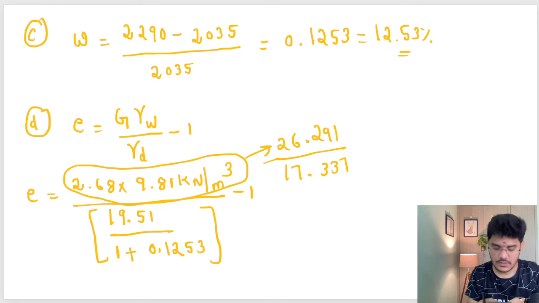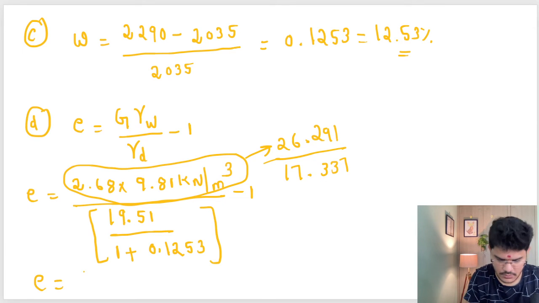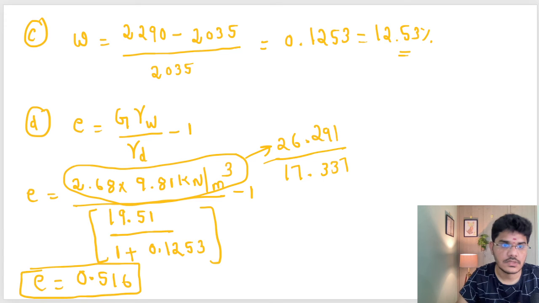So if we solve 26.291 divided by 17.337 minus 1, E is coming around 0.516. So void ratio is equal to 0.516. So void ratio we have calculated.